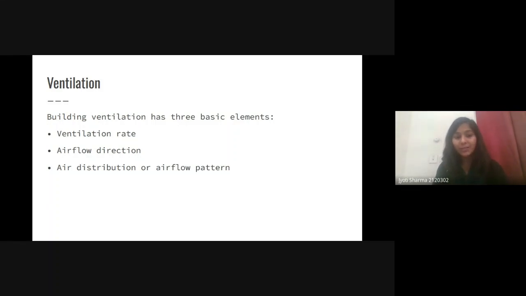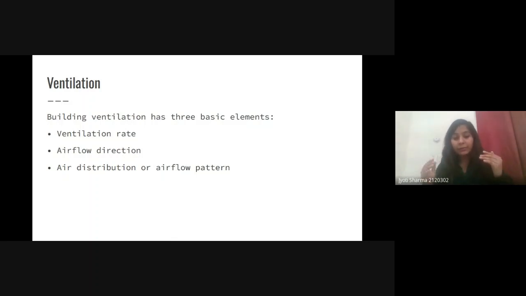Ventilation has three elements: ventilation rate, airflow direction, and air distribution or airflow pattern. For example, you have one room with windows opposite to each other. The wind comes from one window and goes to the second window. But there may be some corner where there is no such ventilation, or the pattern of window installation is different.